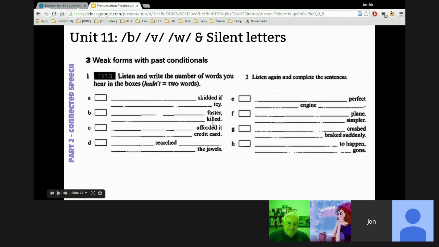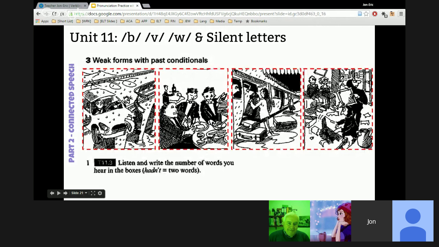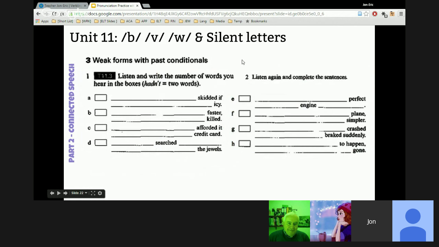Salwa, this one is for you. And here we're going to go back to the picture. Let's go back to the burglars on the right side. We're going to go to letter D. You'll notice there's a few words there, but there's many words missing. Searched is there, and the jewels is there.